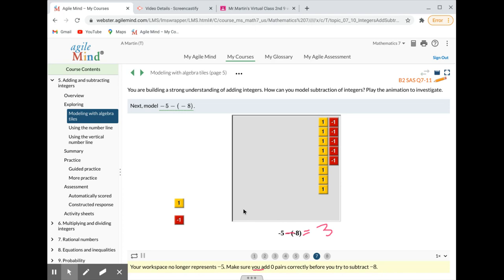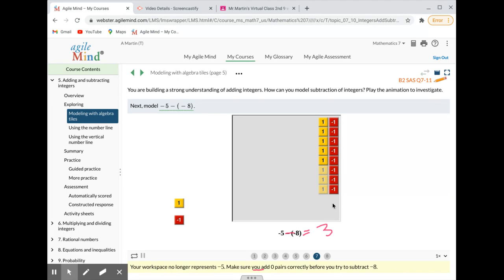So we're going to have to change how we do this. Instead of doing this, we're going to make 5 zero pairs, and then we're going to throw some negatives up here, because I want to be able to remove that -8.